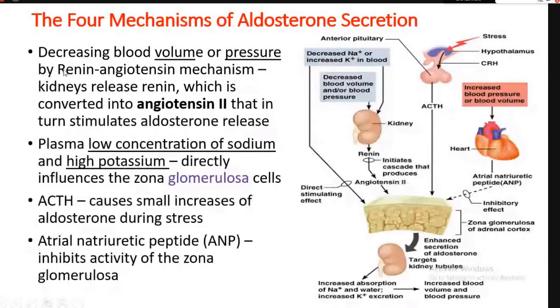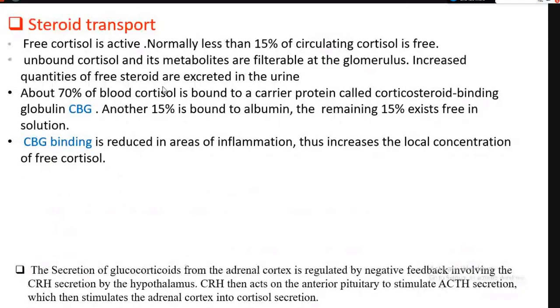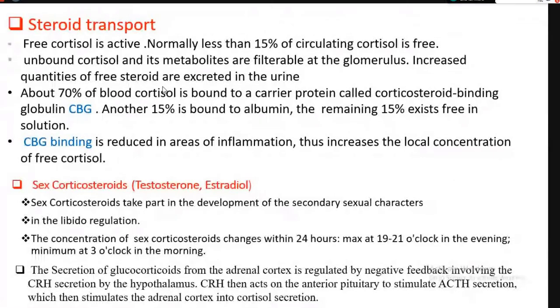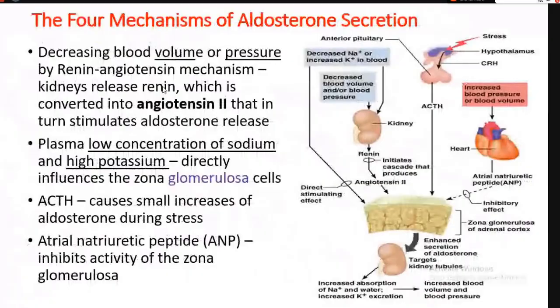Number one mechanism is decreasing blood volume or pressure by the renin angiotensin mechanism: the kidney releases renin, which instigates aldosterone release. Third mechanism, low plasma concentration of sodium and high potassium directly influence the zona glomerulosa cells.